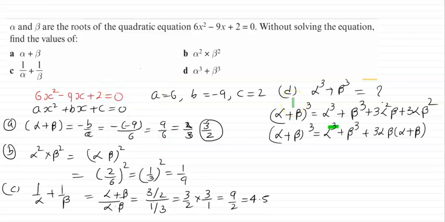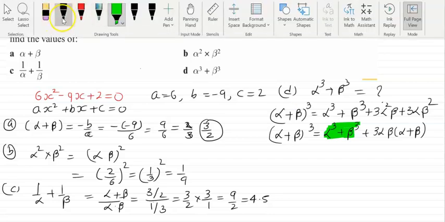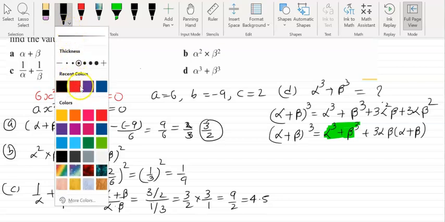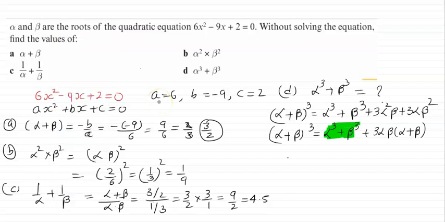We can make alpha cube and beta cube the subject. So let me change the ink. You can see here, alpha cube plus beta cube equals (alpha plus beta) whole cube minus 3 alpha beta times (alpha plus beta). Now we are happy. Everything has been converted in terms of alpha plus beta and alpha beta.